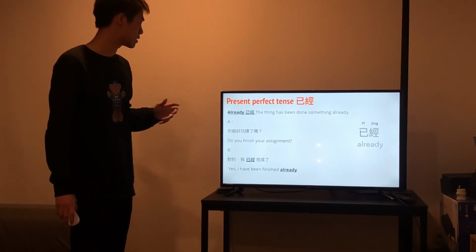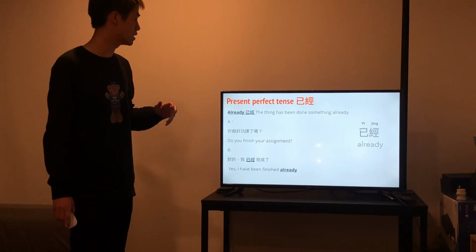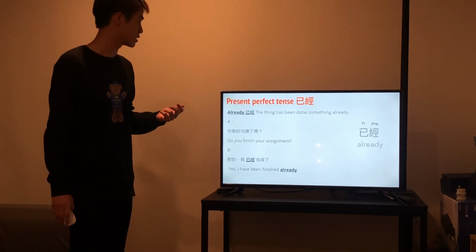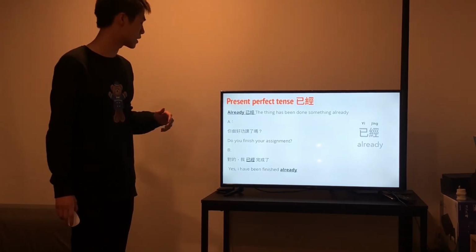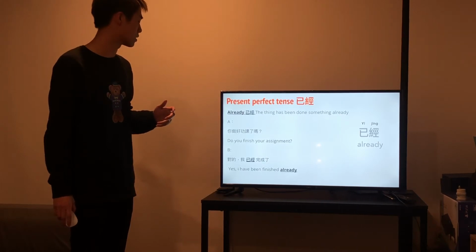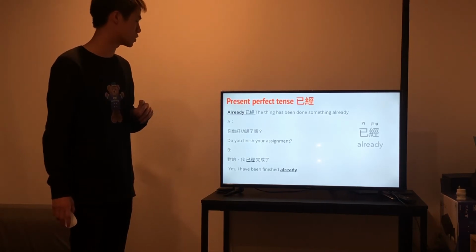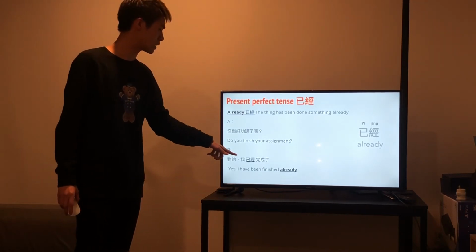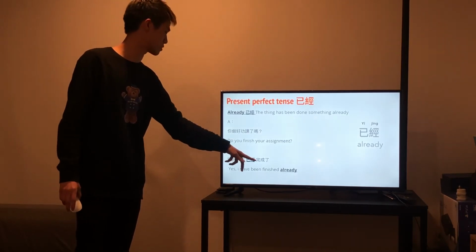And the person answers, yes, I finished already. 我已经完成了. So 已经 in this position has the same meaning and function as the word already.